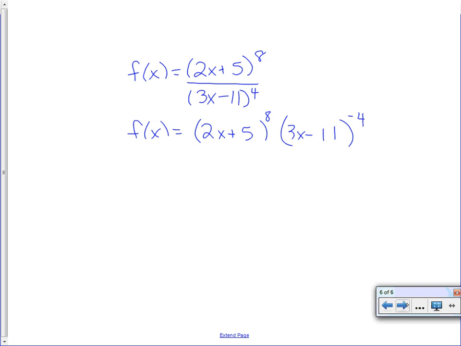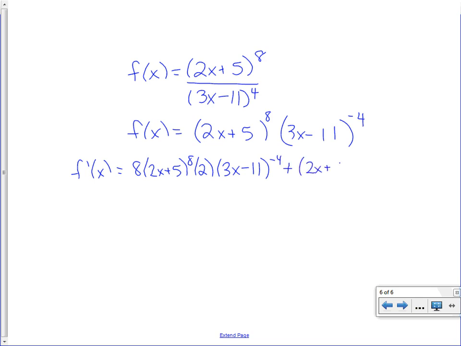If I took the derivative of this, it's the derivative of the first times the second plus the first times the derivative of the second: negative 4, 3x minus 11 to the negative 5 times 3.